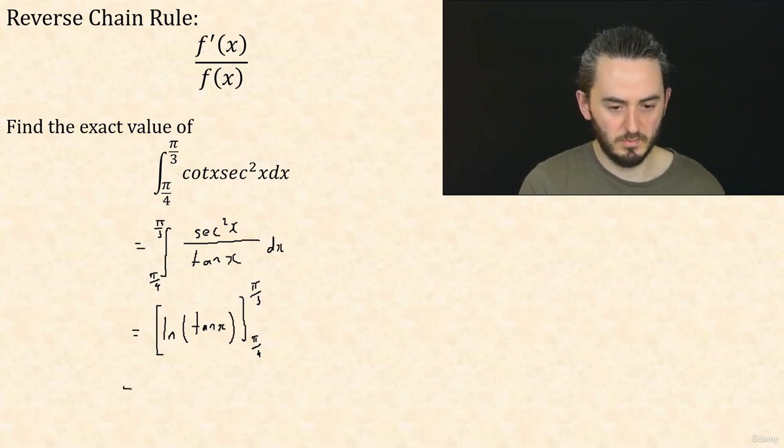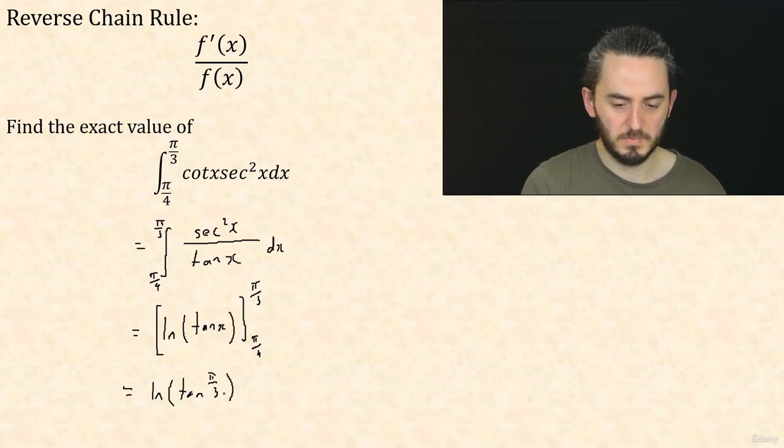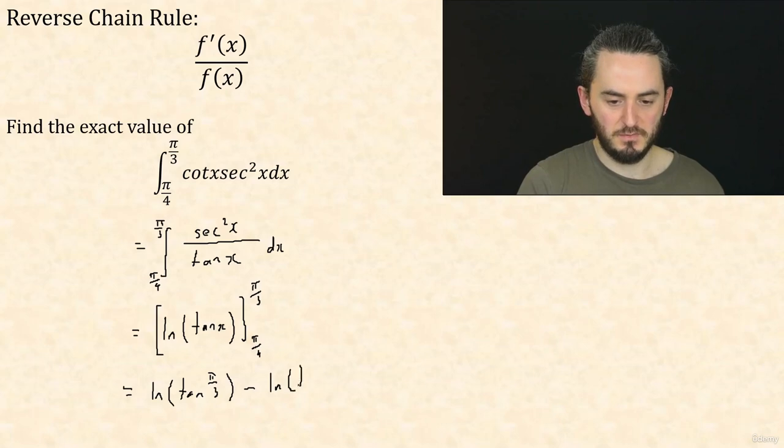So what's going on here? Well, it's ln of tan pi over 3 minus ln of tan pi over 4. Well, tan of pi over 3 is root 3.